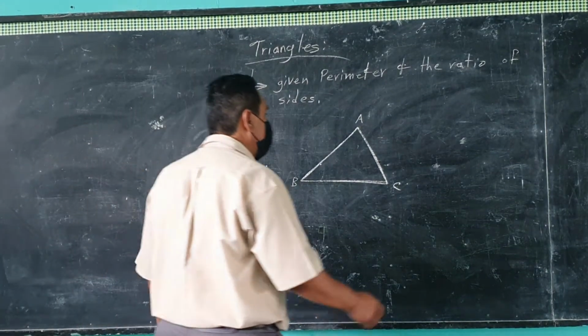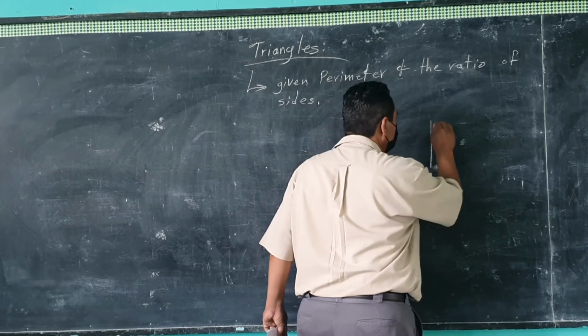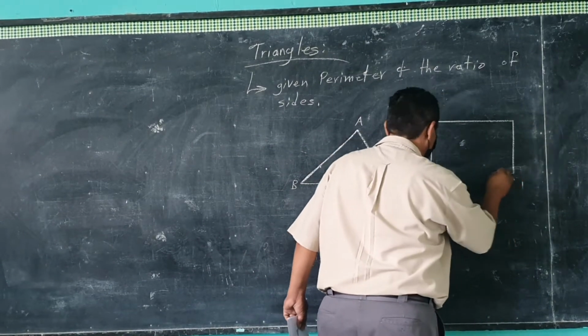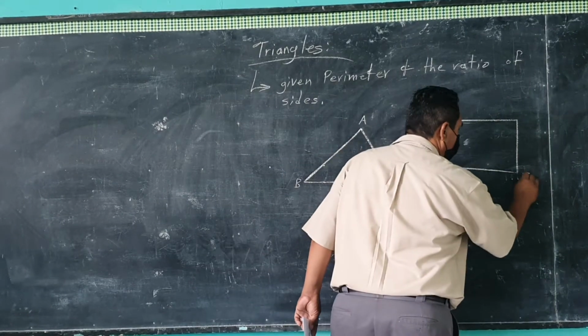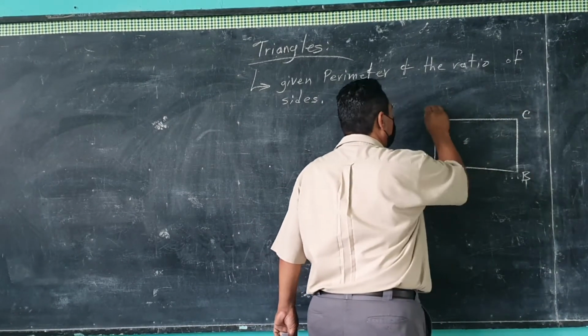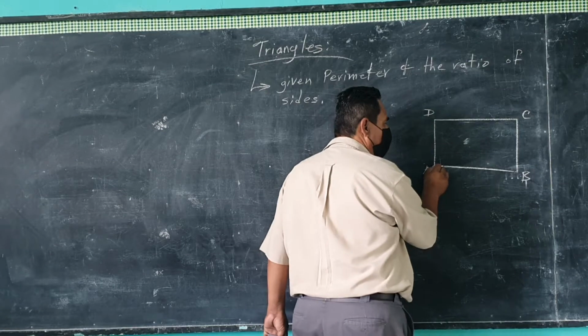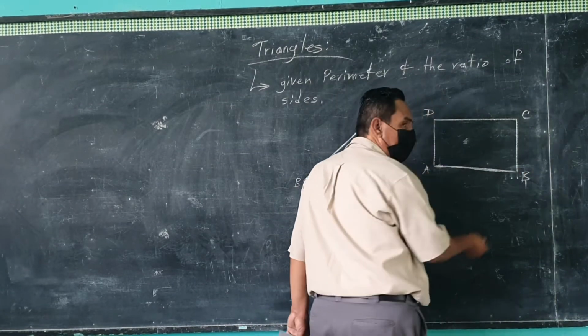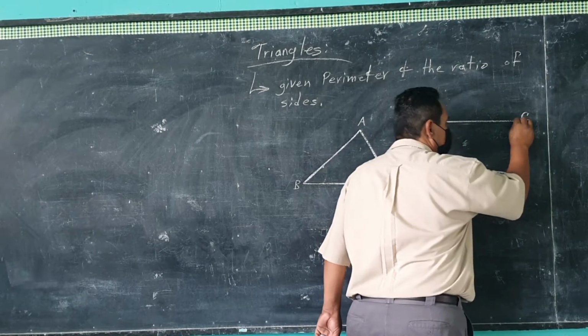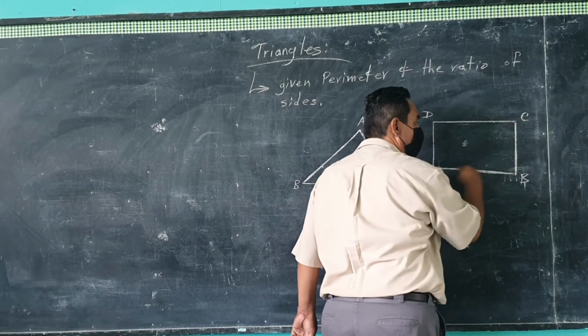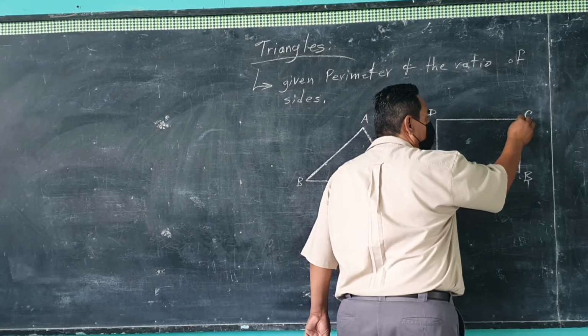It can also be a square. And then you have A, you have B, you have C, you have D. You travel from A to B. Let us say that is 10. You travel from B to C. That is 5. So far you have 15.